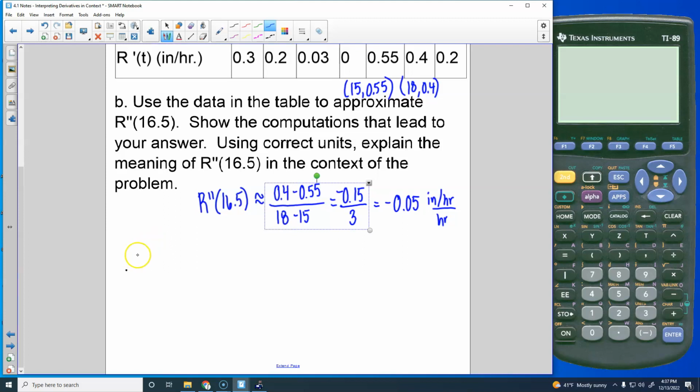So we would say at 16.5 hours, the rate of change of the height of, or depth, does it say depth?